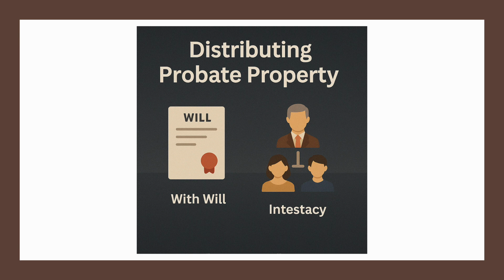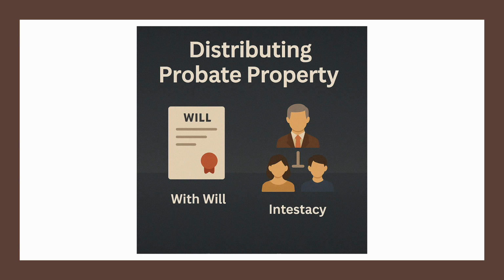And intestacy rules are meant to capture the decedent's probable intent, or what the legislature believes that most decedents would have wanted. So, absent actual intent, the legislature defaults to this probable intent.